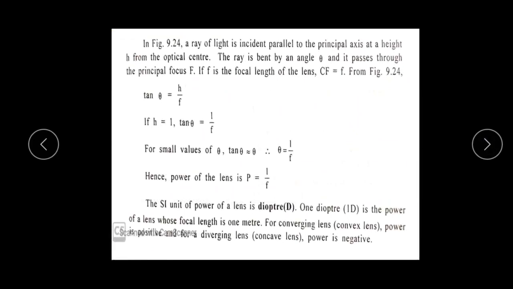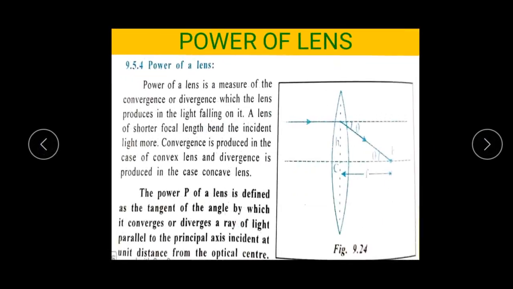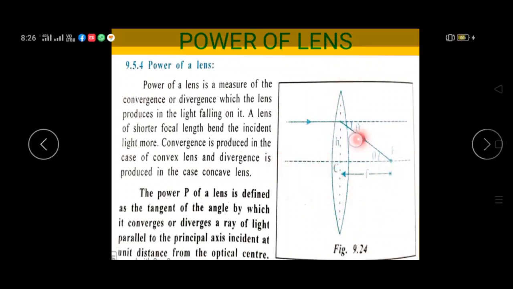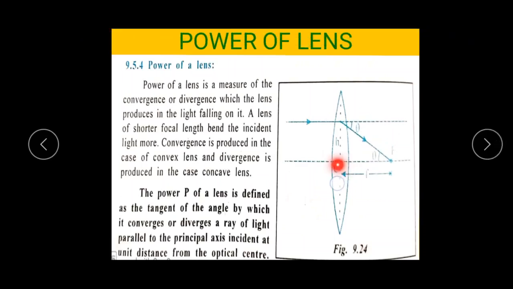This is the definition of the power of a lens. In the given diagram, this is the ray of incident light which is parallel to the principal axis, and this is the lens, and this is the optical center, which we call C. Let H be the height of the ray from the principal axis.